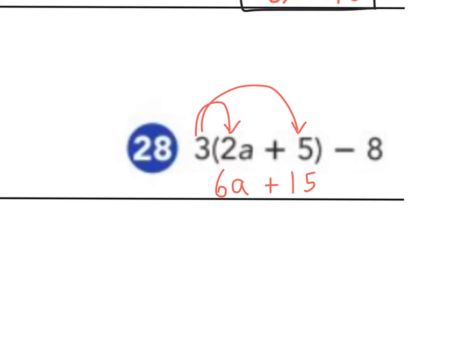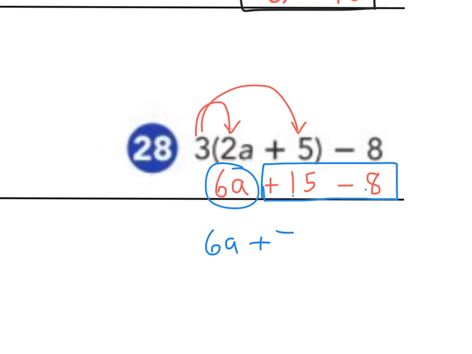We don't have to worry about signs. Let's write down this negative 8. All right, now 6a can't be combined with either of these, so that goes first. And 15 minus 8 is a positive 7. And that's your final simplified expression.